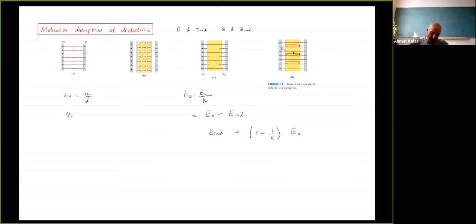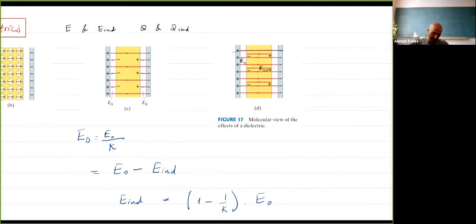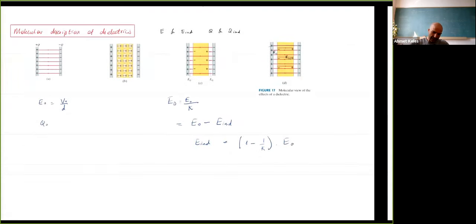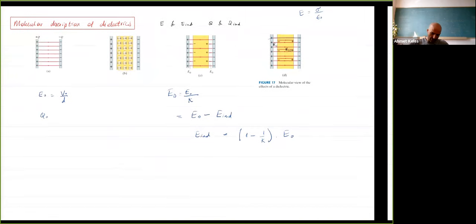But okay, now I can think of this thing as a separate parallel plate, right? There's a parallel plate here, there's a parallel plate here, another one and another one. And if I know its electric field, I know its charge, right? Because for a parallel plate, electric field comes with sigma over epsilon naught, something like that, right? So then I can think of this electric field as some induced charge divided by epsilon naught, right?